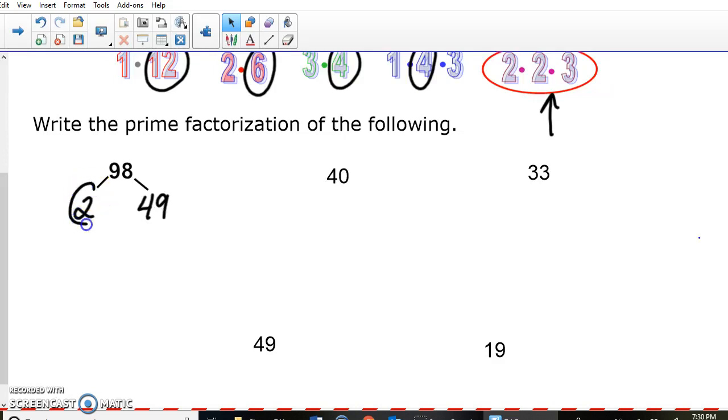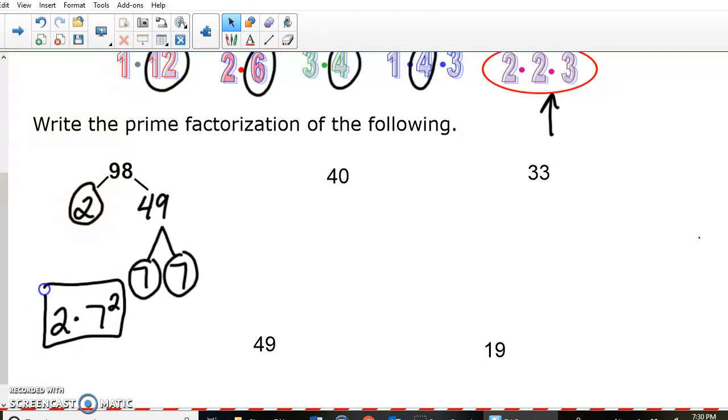Okay, 2 is on my list of prime numbers, so that branch of my tree is done. However, 49 can be split into 7 times 7, and both of those are prime numbers, so that one is done then. So my final answer would be 2 times 7 squared, since I have two 7s at the ends of my branches there. So that would be the prime factorization of 98.